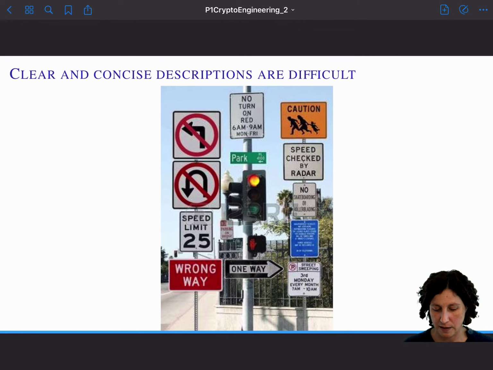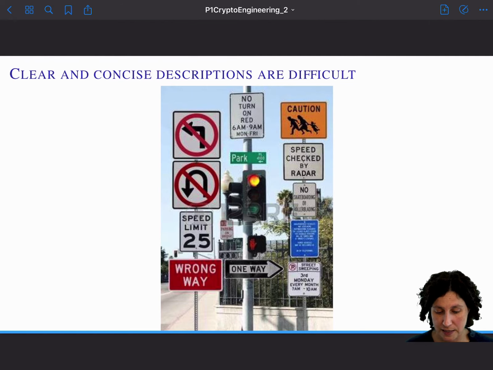And here it's explained in a very complicated manner that you're not allowed to go left, you're not allowed to turn around, so probably you may still go on straight, but then it says wrong way, so this takes away your last option. And of course, in our area, you would probably solve this with a blue and white arrow sign, which tells you the only direction you can go. But here you needed quite a few signs to express that you must turn right.